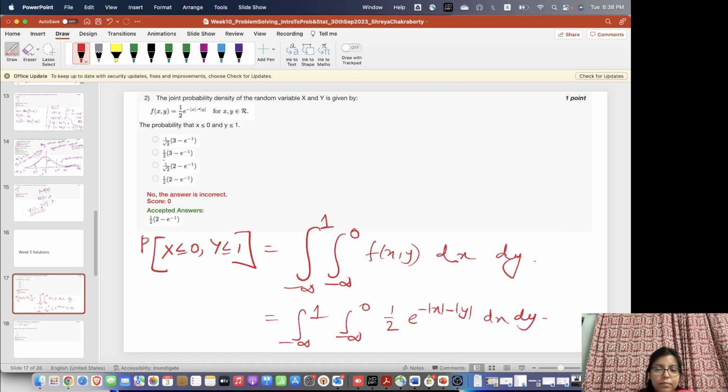So when x is ranging from minus infinity to 0, mod of x would be minus x. So this is not dependent on x anymore, because it will be e to the power minus mod x into e to the power minus mod y. So we can take e to the power minus mod y out.